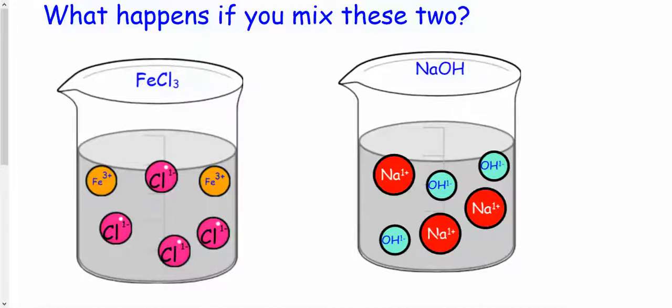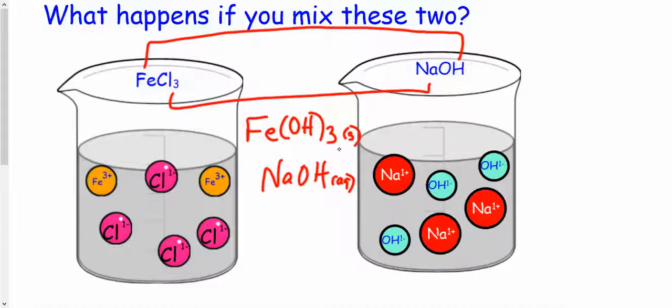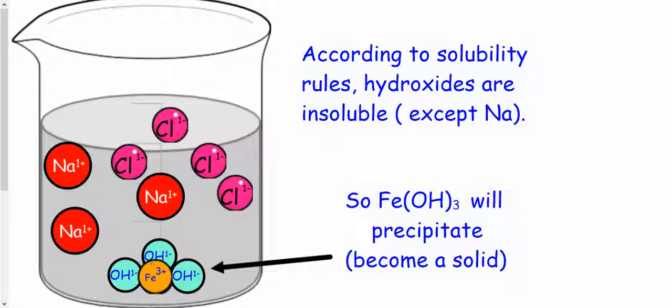Possible products would be iron hydroxide and sodium chloride. Fe(OH)3 plus NaCl. Use your solubility chart and see that this one is aq, no solid will form, but hydroxides are insoluble, therefore a solid. So yes, what will happen is that iron hydroxide will precipitate out as a solid.